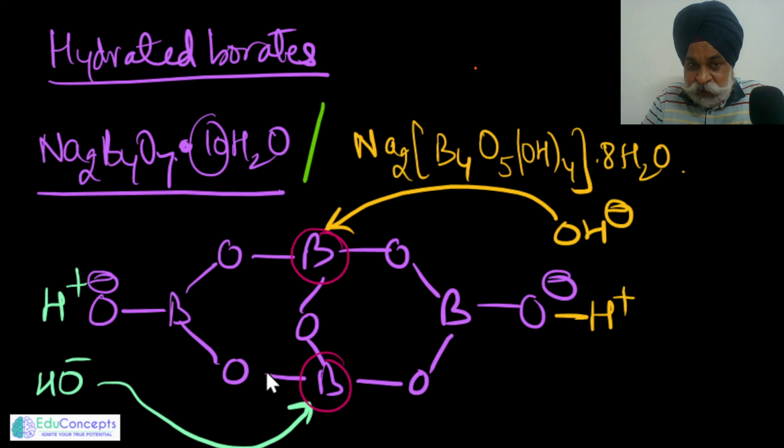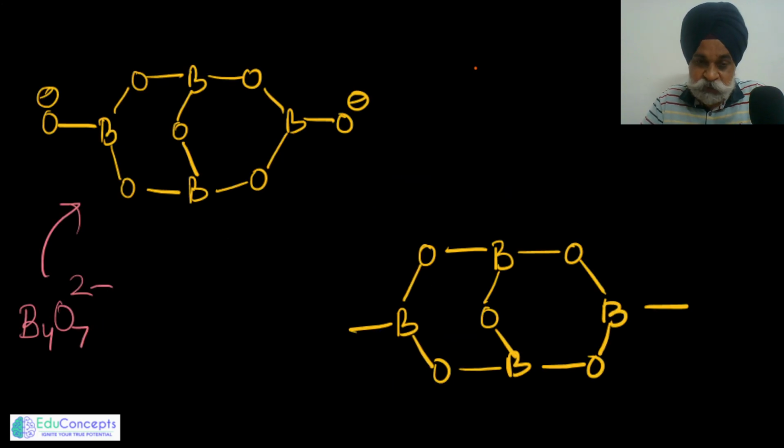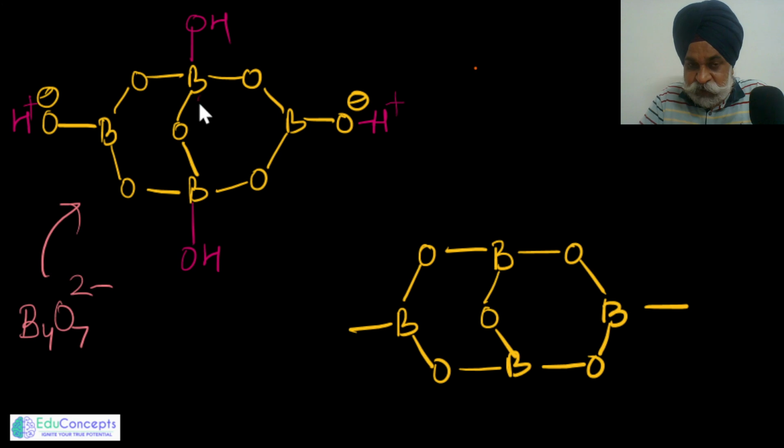Because the counter ion is sodium, you need to have in totality on that hydrated anion 2 negative charge. Let me repeat once again what I just said. I placed H positive here and OH negative onto this, and similarly H positive here and OH negative to this side. So as a result, this becomes negative and this also becomes negative. I think I made my point clear.